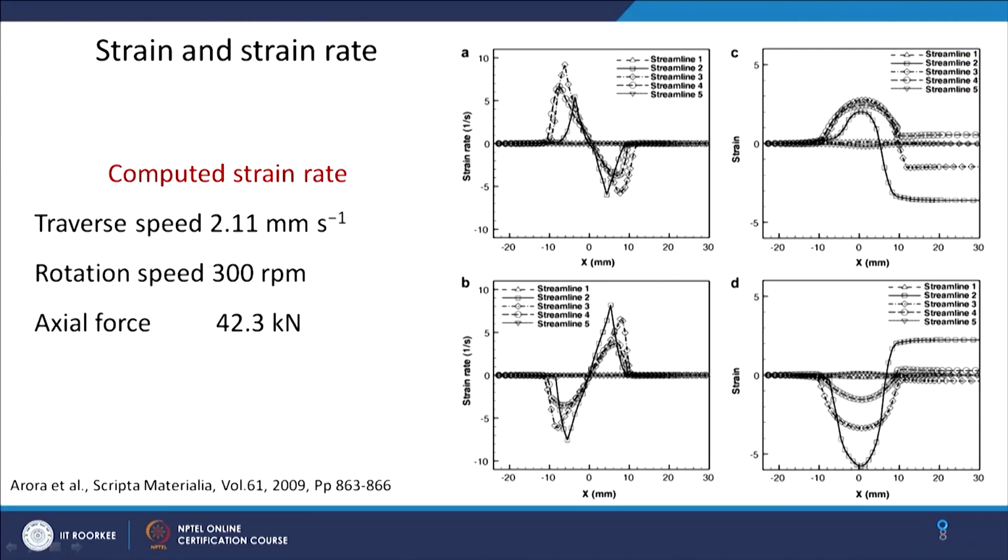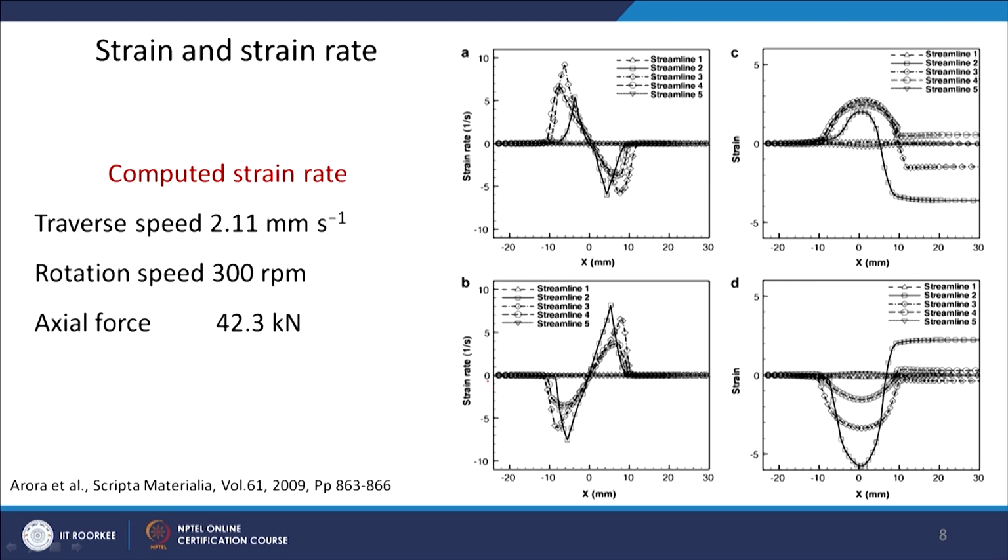What is the effect of strain on strain and strain rate? This is of course a computational work, using some computational analysis. The strain rate achieved is around 10 per second.